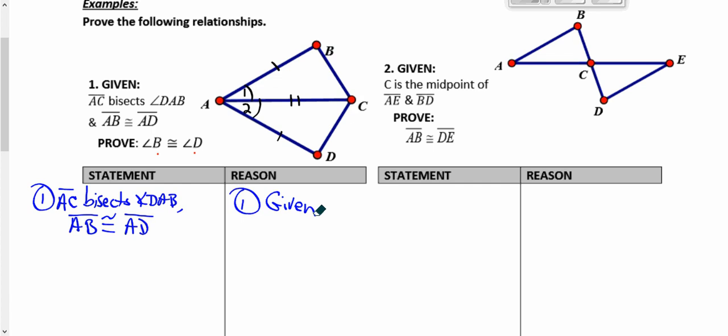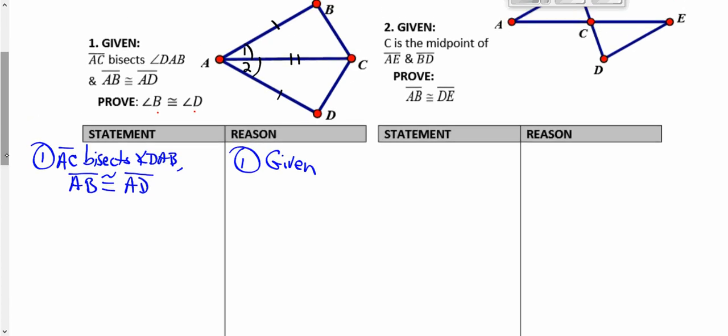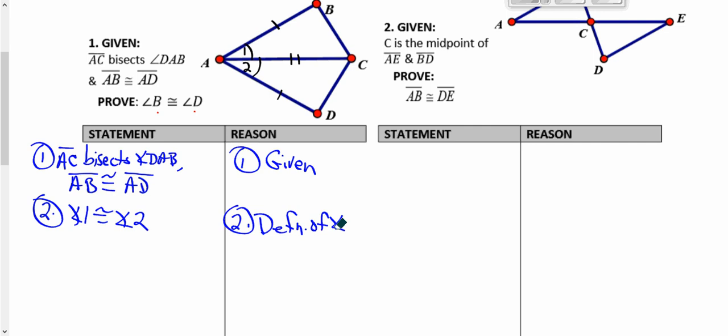So what should our next statement be? Based on this bisecting part, angle 1 is congruent to angle 2. Reason? Definition of angle bisector. And then we could have done the reflexive property one before that one. That order doesn't matter, right?